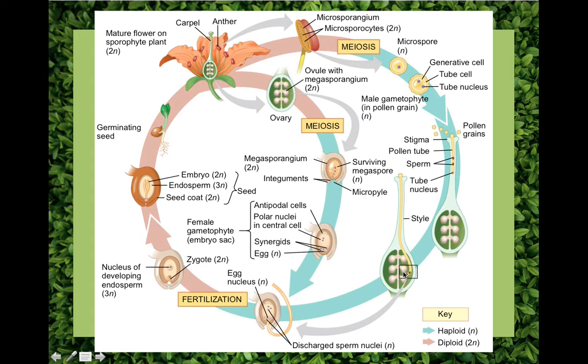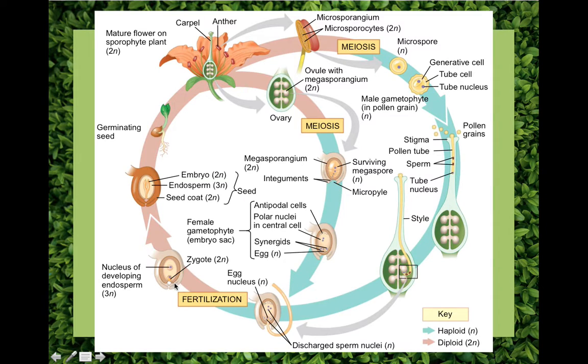The pollen tube gets to the ovule, goes through the micropyle, and there are 2 sperm that are produced from the generative cell. So the generative cell, once it has germinated, will then divide to form the 2 sperm. And unlike in gymnosperm reproduction, in angiosperm reproduction both of those sperm have a role in fertilization. It's called double fertilization.